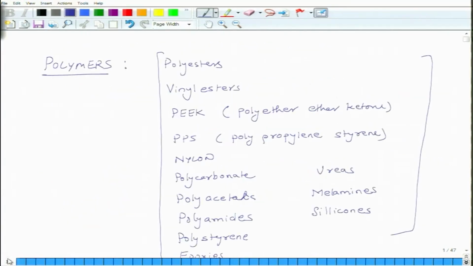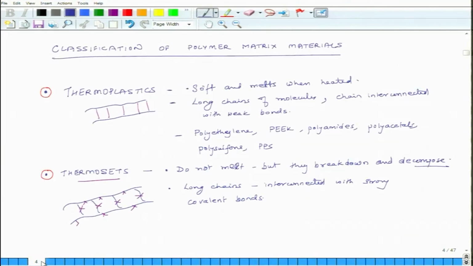PPS is a short form for polypropylene styrene. Okay, PPS, nylon, polystyrene, ABS, and so on and so forth.